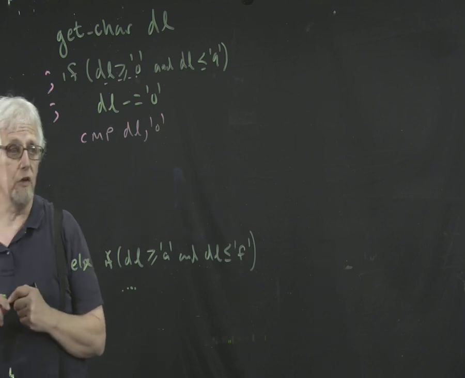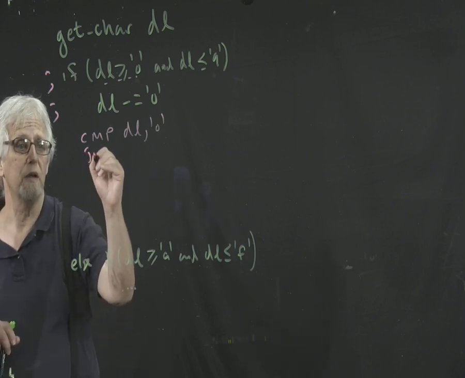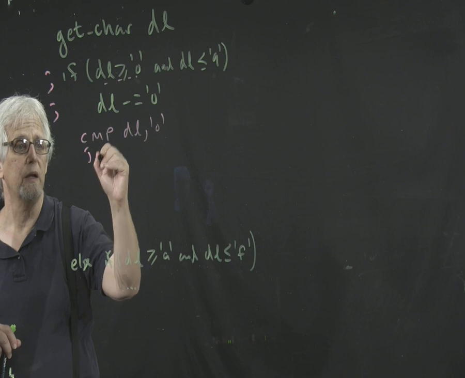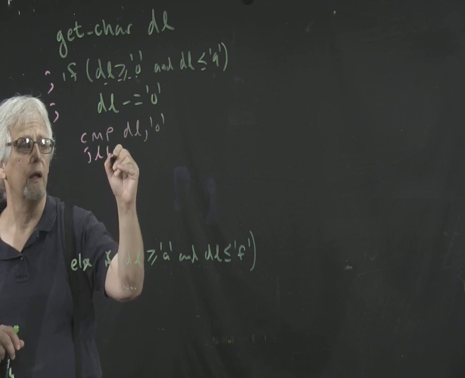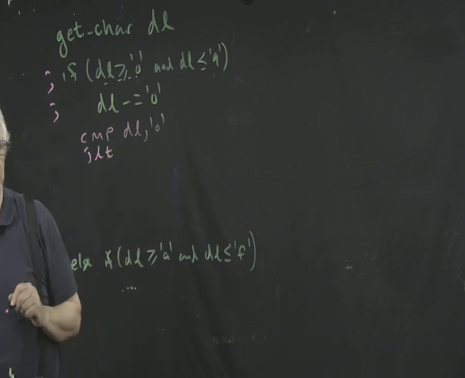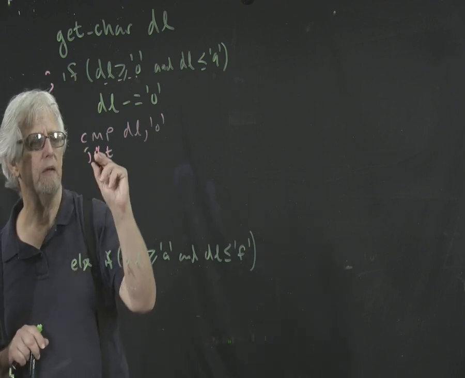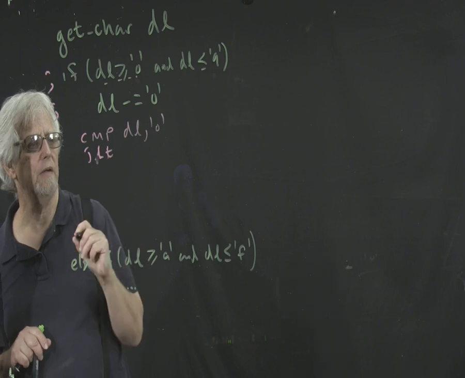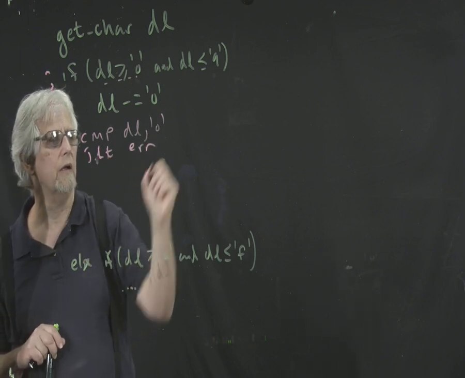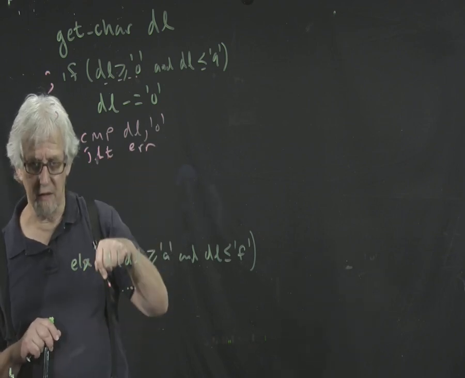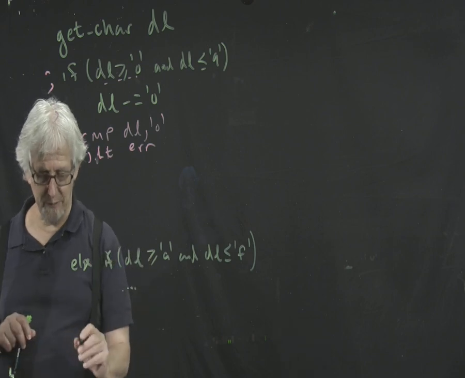So what you're going to do is you'll jump, okay? Jump if less than. JLT, okay? And down at the bottom of the program, there's going to be a label called error.